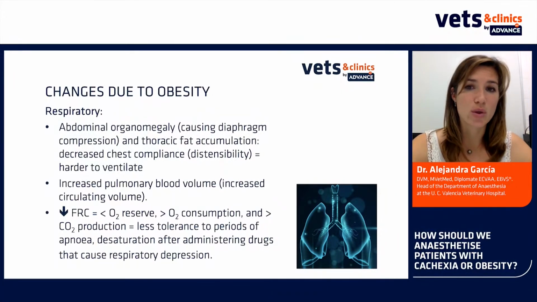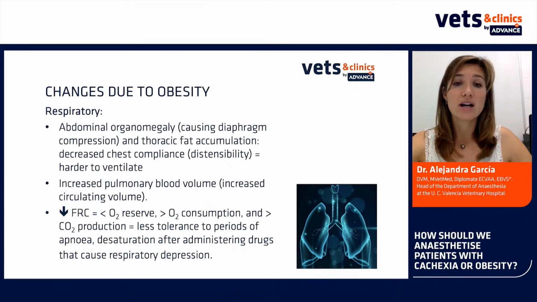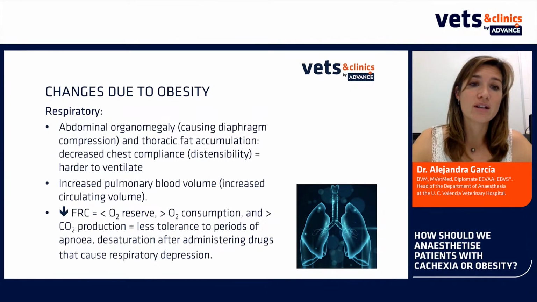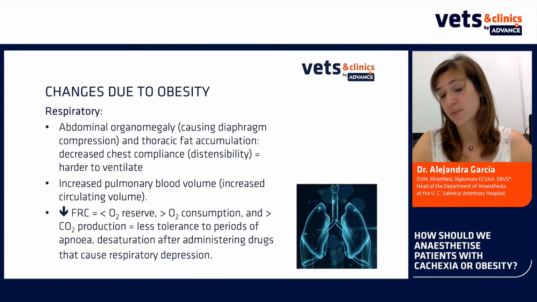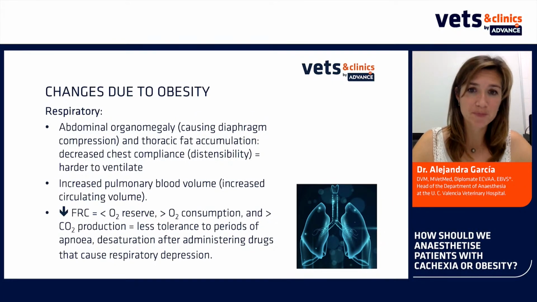There will also be thoracic fat accumulation in the chest wall, and these patients will have a hard time to ventilate. Therefore, all this fat accumulation will make it harder to ventilate, and it will increase the work of breathing.